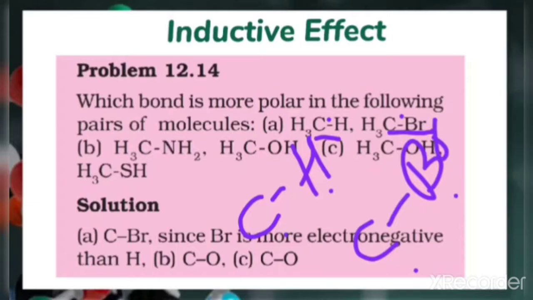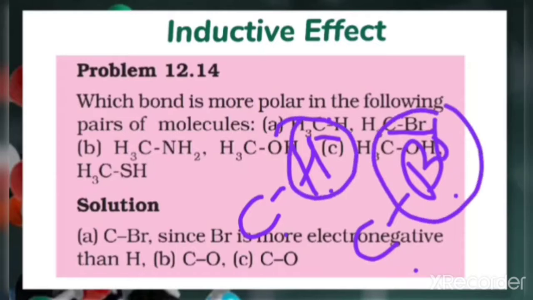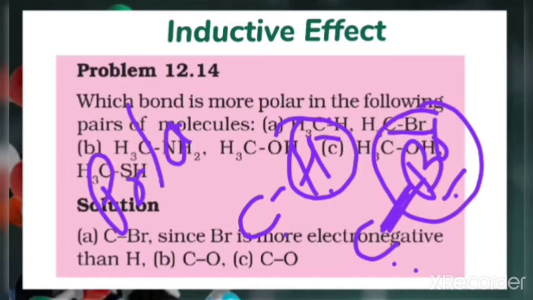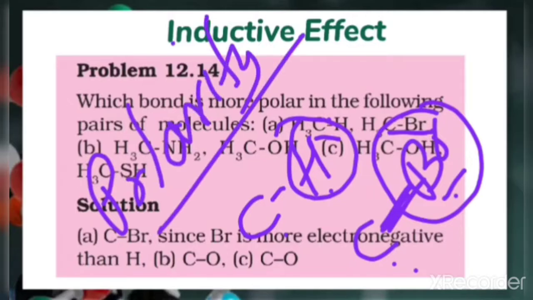So when you compare, here hydrogen is there and here Br is there, and we know that Br is the more electronegative element. That means the bonding between the carbon and Br is more polar. Polarity depends upon the electronegativity of the element.